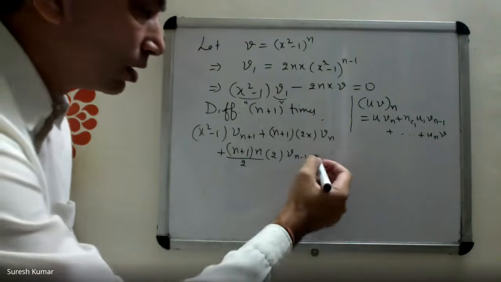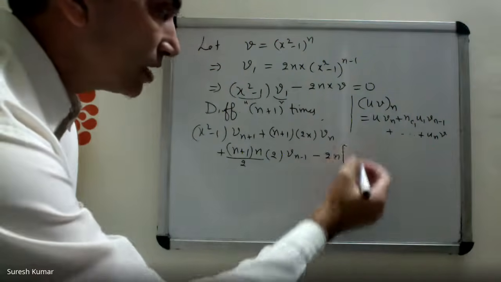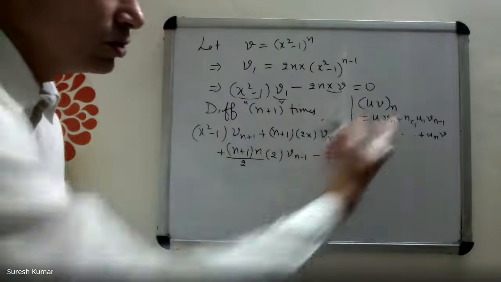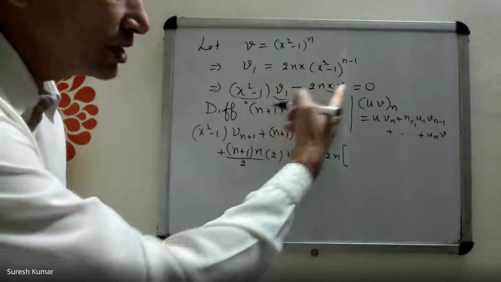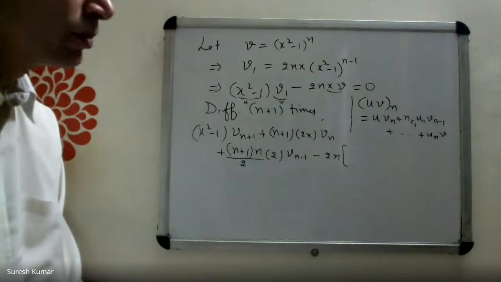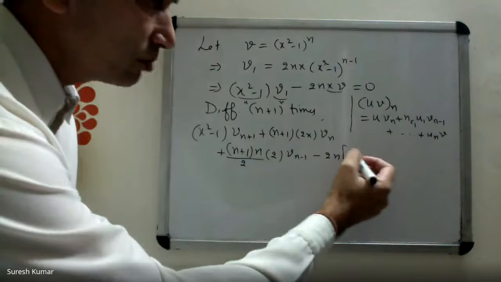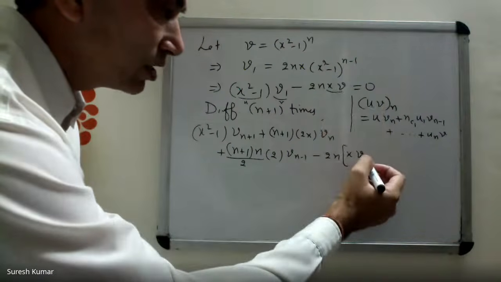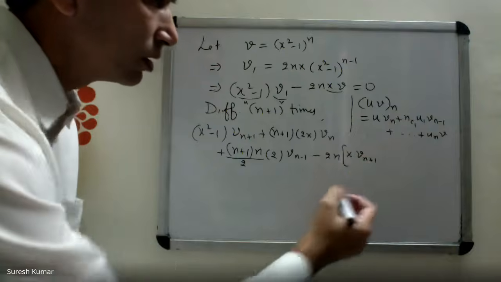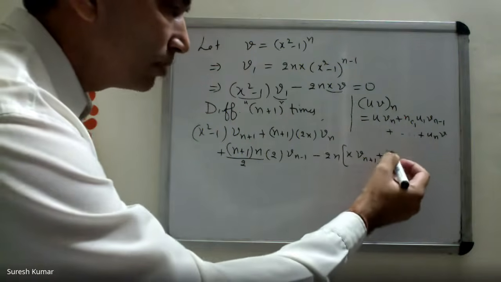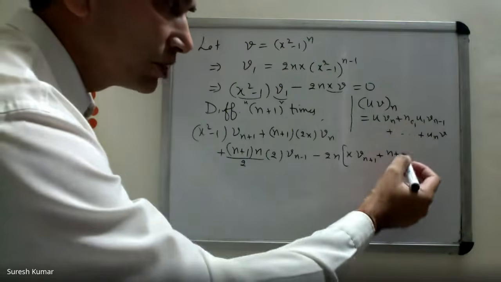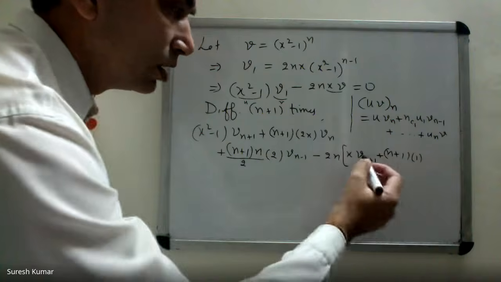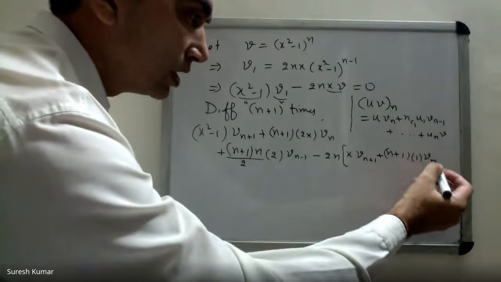Okay. Minus 2n times, here also you can see the product of x and v. Again apply this rule. Now u is x and v is v. So the n plus 1 derivative of this product means x as it is times the n plus 1 derivative of v, which is vₙ₊₁, plus n plus 1 C1, which means n plus 1 only, times the first derivative of x, which is 1, and one derivative less means vₙ.